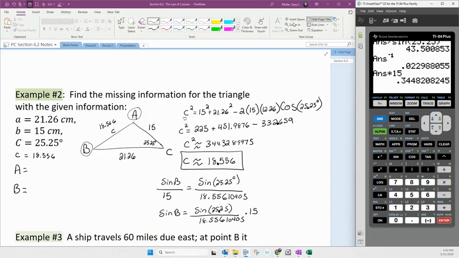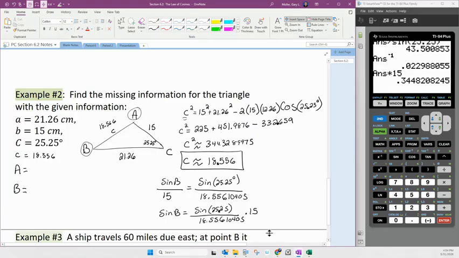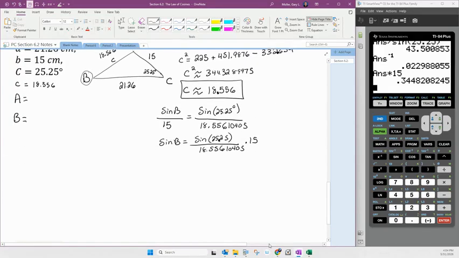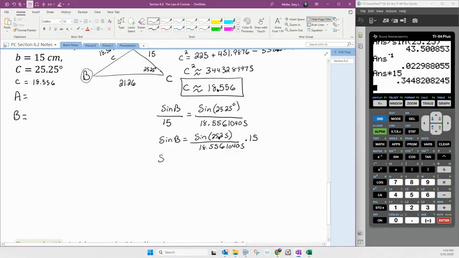Okay, so let me give myself some room to work here. So now I'm left with the sine of B is approximately equal to 0.34482 and some change. And so I'm going to find the arcsine of that number.